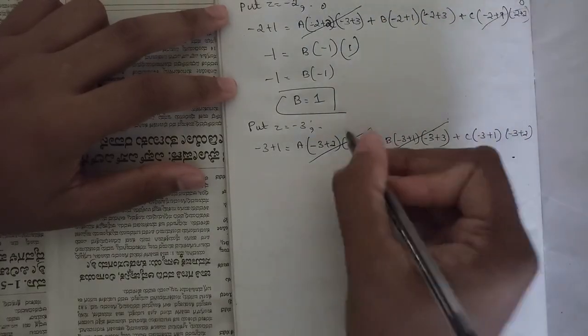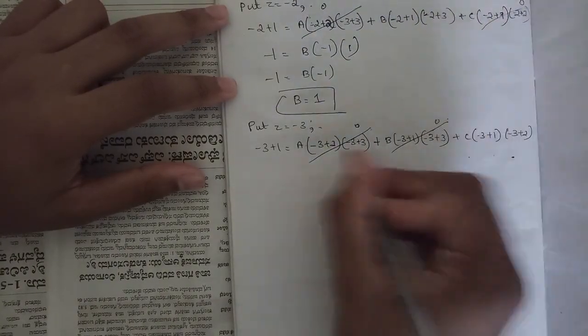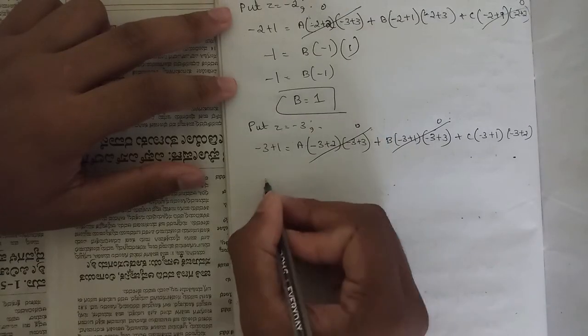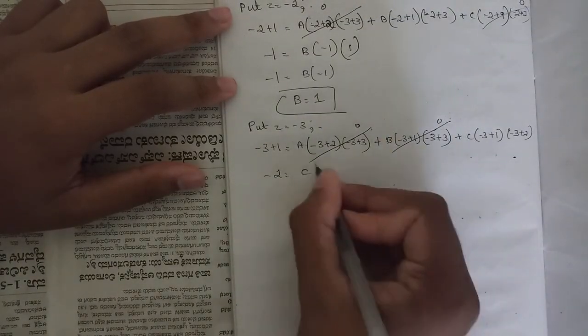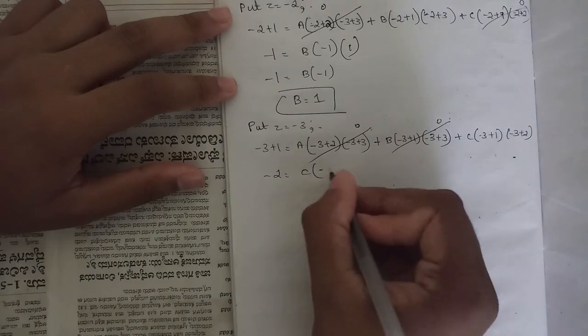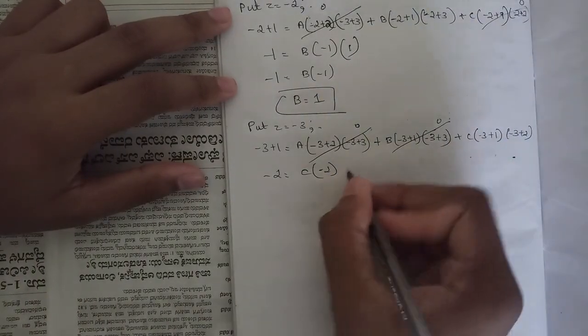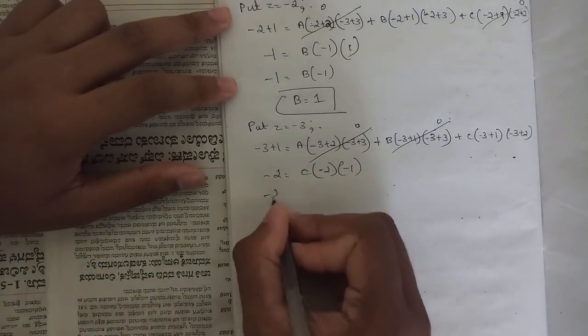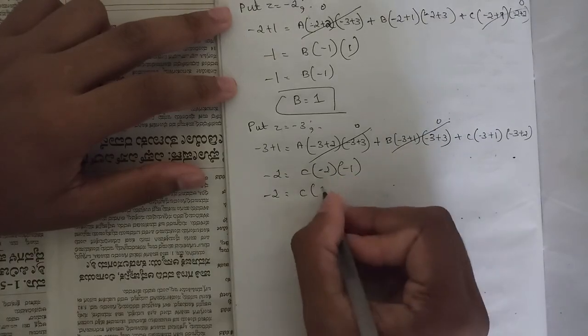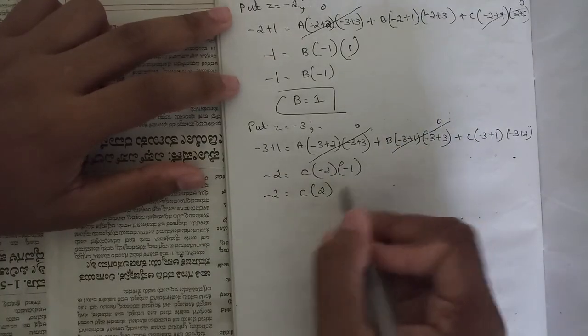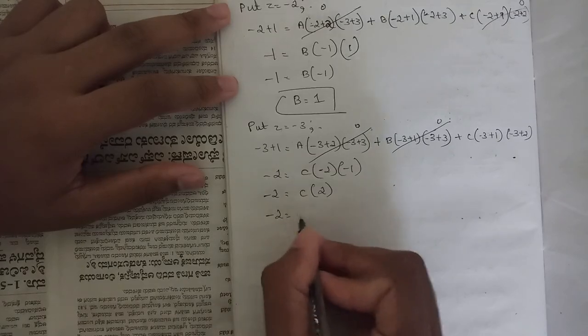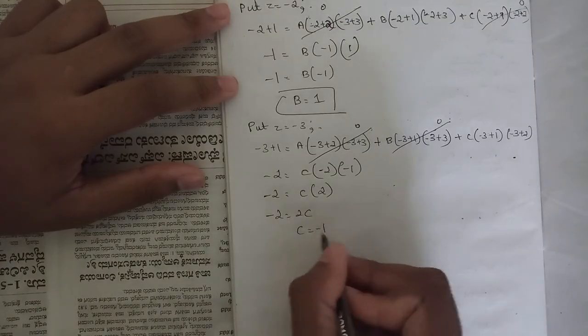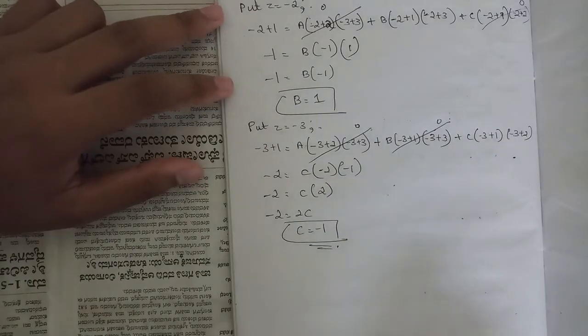So we can cancel these two terms because minus 3 plus 3 is 0, right? So minus 3 plus 1 is minus 2. c into minus 3 plus 1 is again minus 2. Minus 3 plus 2 is minus 1. Minus 2 equal to c into minus 2 into minus 1 is plus 2, so minus 2 equal to 2c. Therefore the value of c which we get here is minus 1.